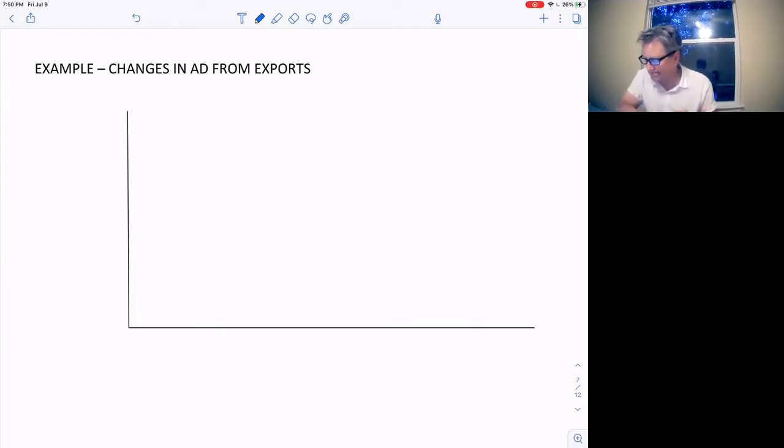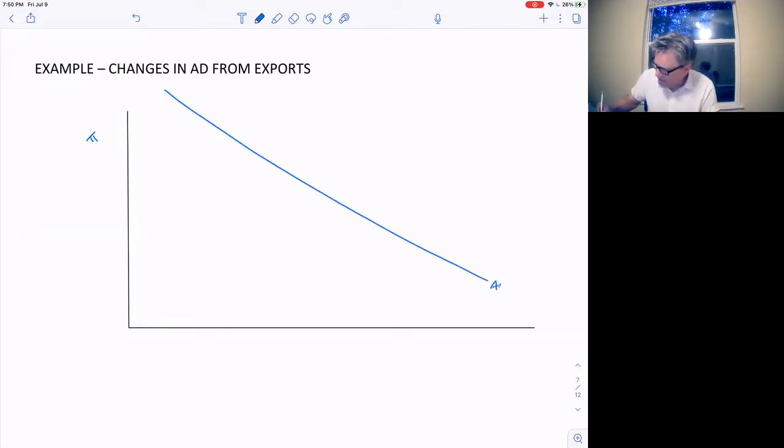Let's say there's a change in aggregate demand because of exports. So let's pretend there's a recession in Japan, and the Japanese start buying less American goods. So we'll start with the US economy. We have this aggregate demand curve. We've got an aggregate supply curve.